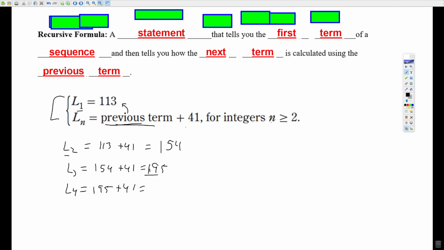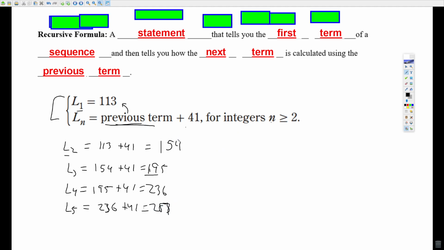You just keep doing this, right? It's 236. One more. Take 236, add 41. So that would be 236 plus 41 is 277.